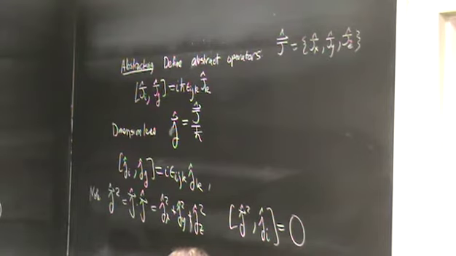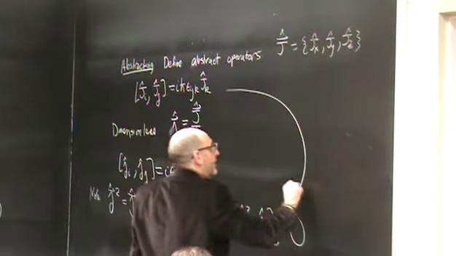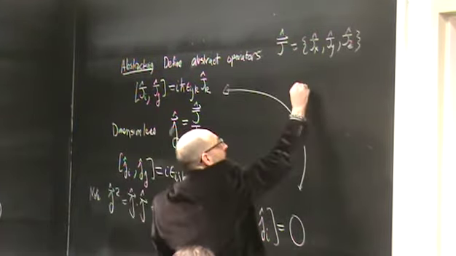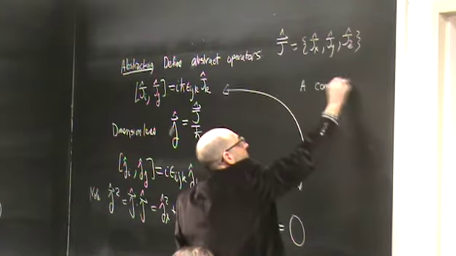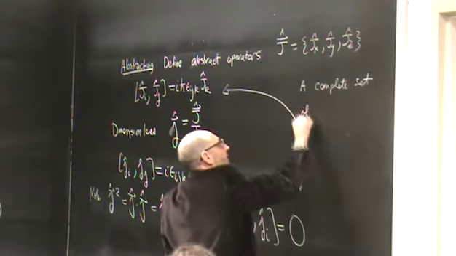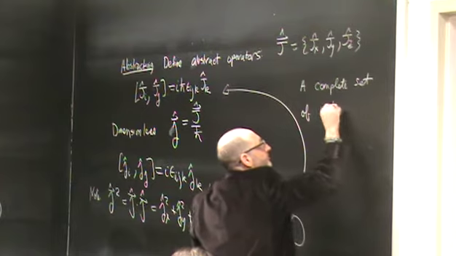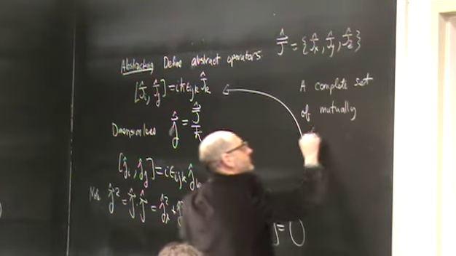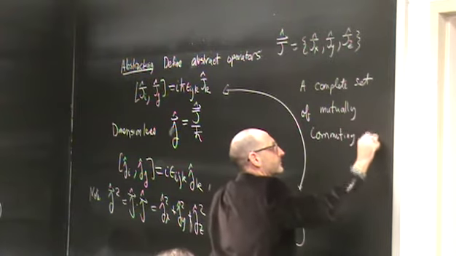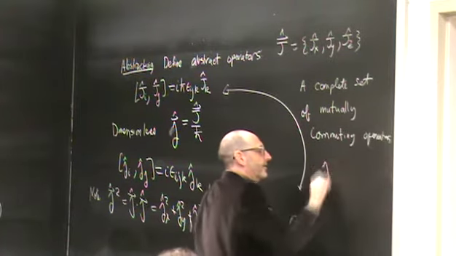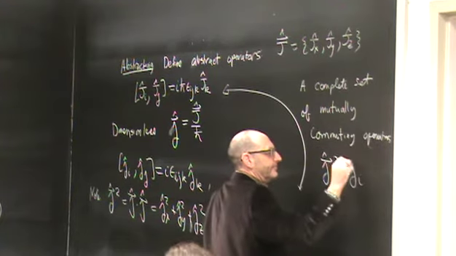So what this means is that a complete set of mutually commuting operators is the magnitude square of the angular momentum and any one component.